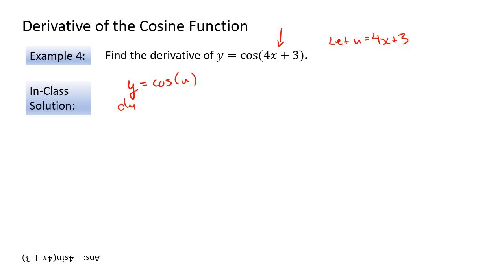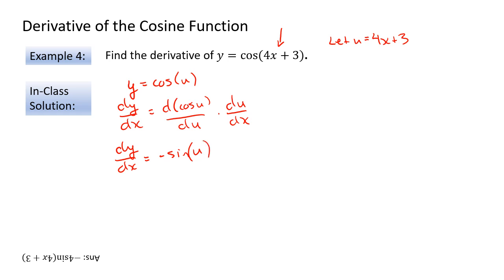So using the chain rule, the derivative of y with respect to x is equal to the derivative of cosine u with respect to u times du by dx. Okay? So dy by dx is equal to the derivative of cosine of u, which is negative sine of u, multiplied by the derivative of the function u with respect to x. So the derivative of 4x plus 3 is simply 4, right?